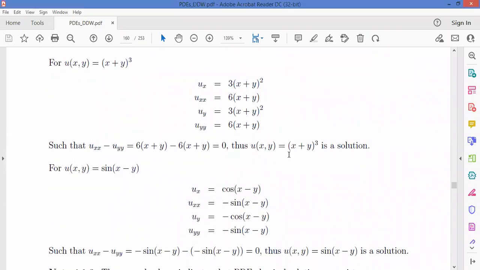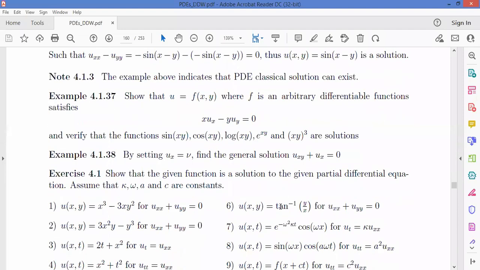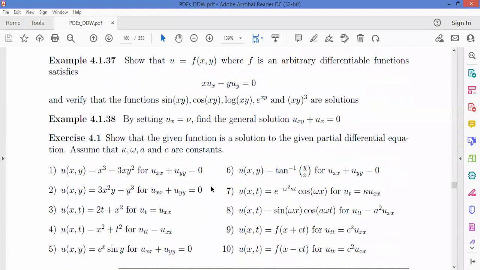The same story happens here. Show that this one is that one, thus this one is a solution of that one. Once you differentiate and substitute into that one, see what comes out. That is what we are doing here. Show that the given function is a solution to the given partial differential equation. I assume that these ones are constants.